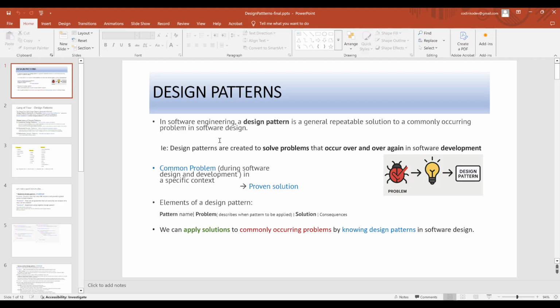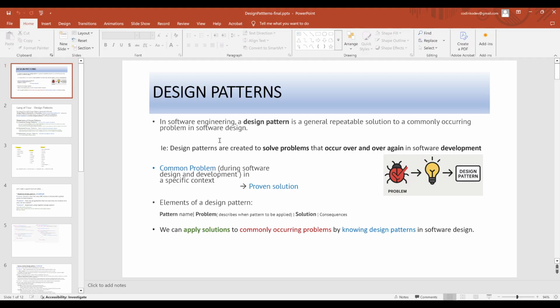Then you put a fix on some other area, right? So what we need to understand is that this is a commonly occurring problem in software design. When there is a problem we need to find a solution, but we don't have to reinvent the wheel.